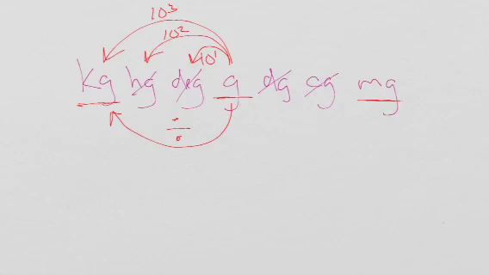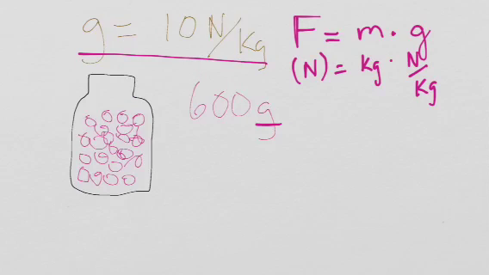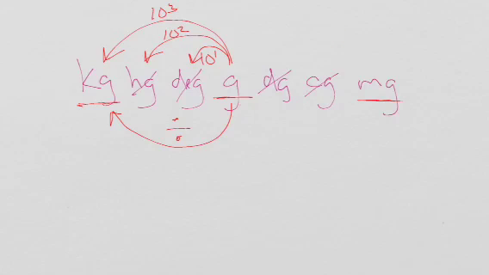So if I say that and I go back to this chart here, I've got 600 grams, and I want to know how many kilograms that is, how many hops away is that? It is 3 hops, so 10 to the 3. Okay?